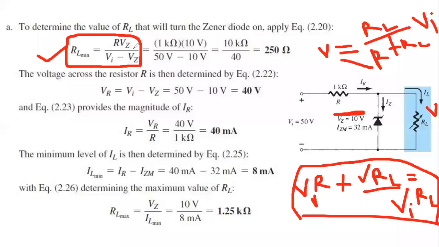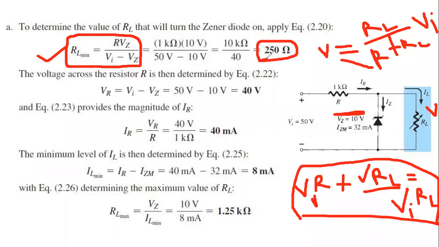From here, if we replace the values, R is 1 kilo ohm, VZ equals 10 volts, VI is 50 volts. If we divide, we get 250 ohm.